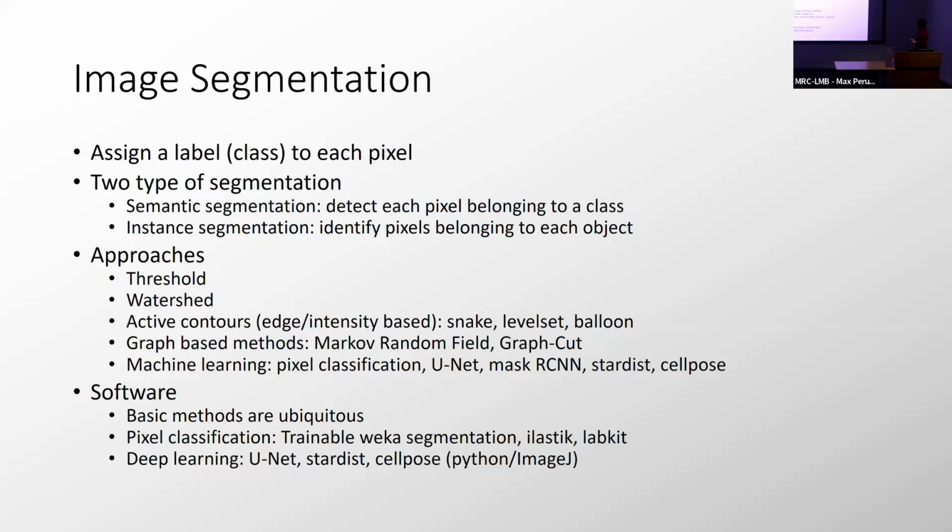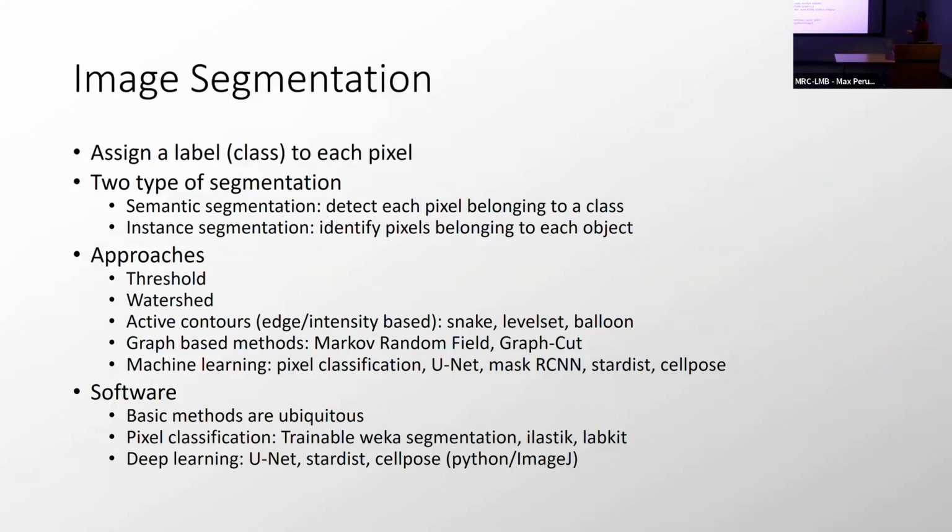You can use UNet with the same idea: you have some example pixels, and then the UNet will try to predict the class. And you can have some more advanced techniques which perform instance segmentation, basically to separate the objects which are in the image.